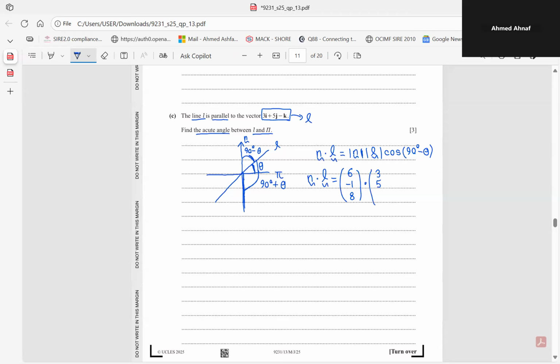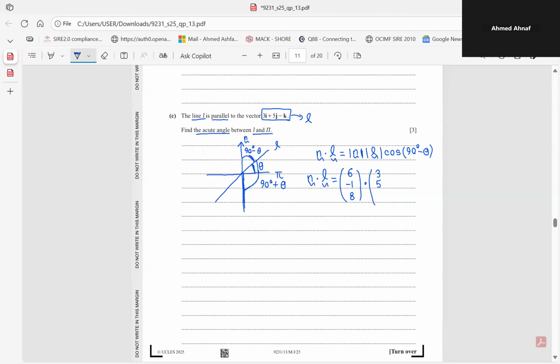So this is 36 plus 64 plus 1, square root of 101, and then 9 plus 25 plus 1, that's 35. So 101 times 35, this is square root 3535.